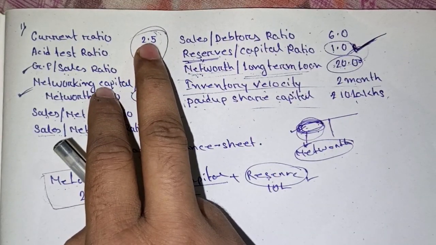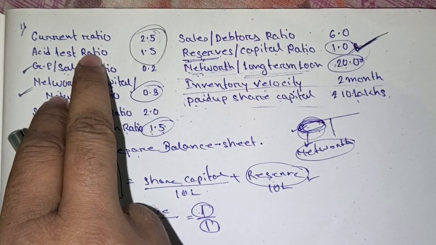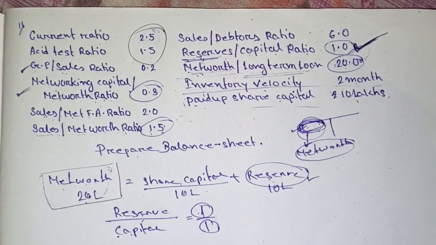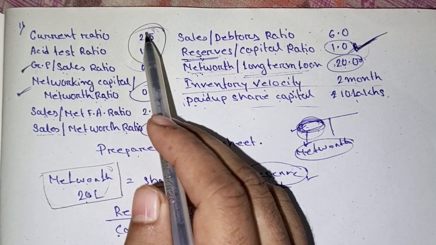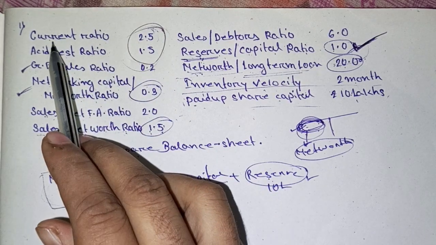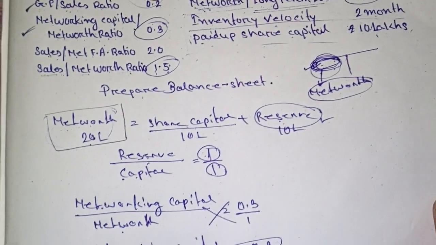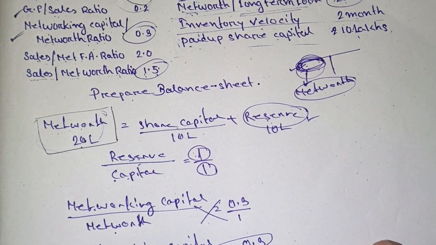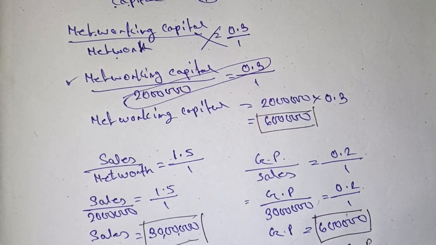Otherwise, with working capital we can find the current ratio and acid test ratio. Okay, so how do you solve it? I have already made a video on it: how to solve the current ratio and acid test ratio with the help of working capital. If you have already seen that, you know how we solve it.